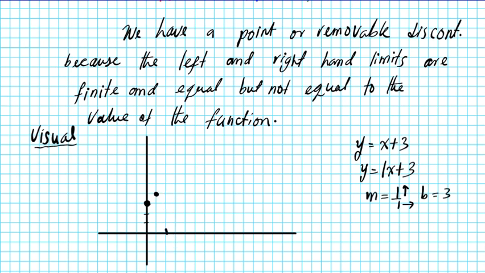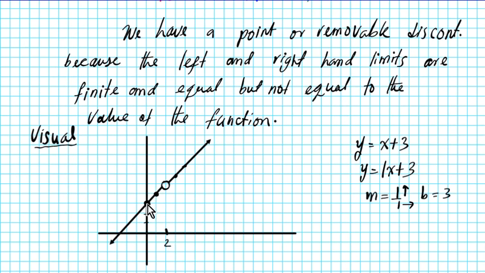But at 2, what happens is that we have an open circle. So this is the line that we're looking at here. This is one part of the function. But at x equals 2, the function attains a value of 7.